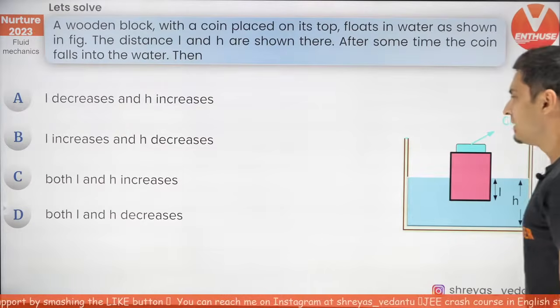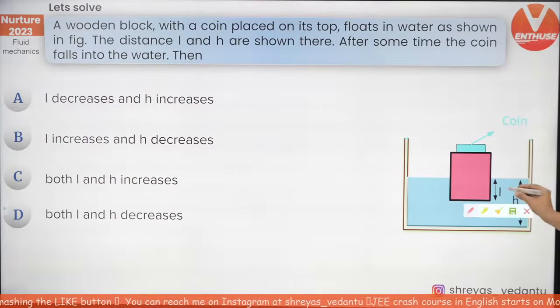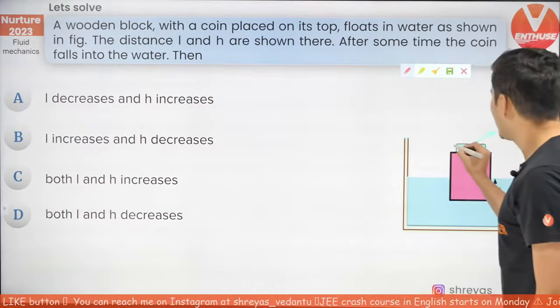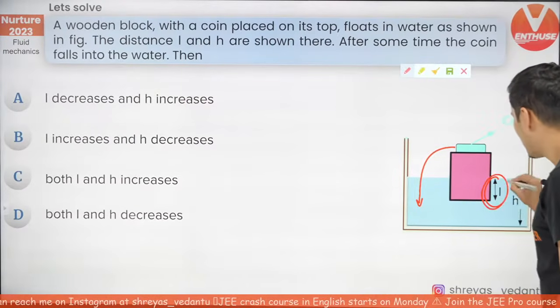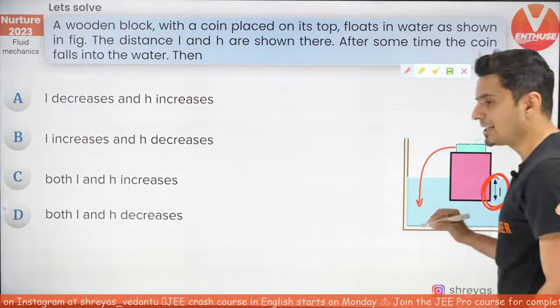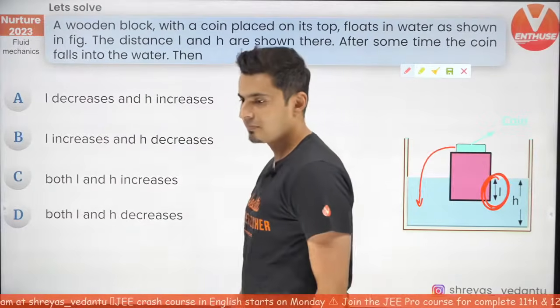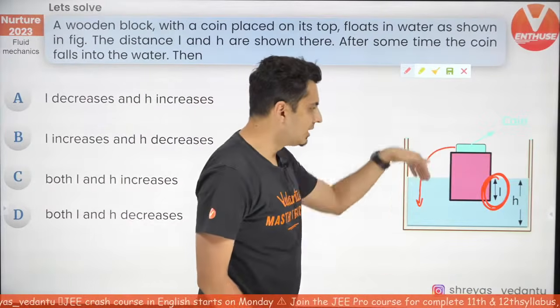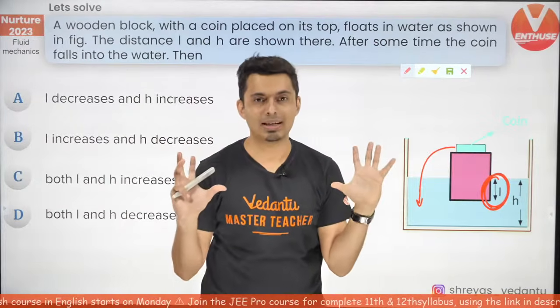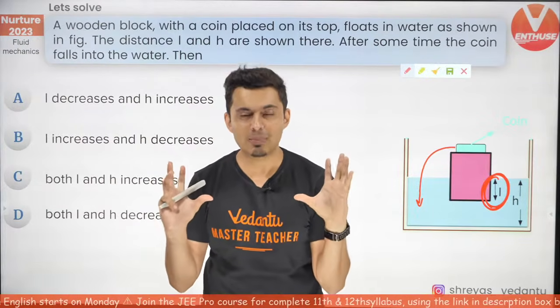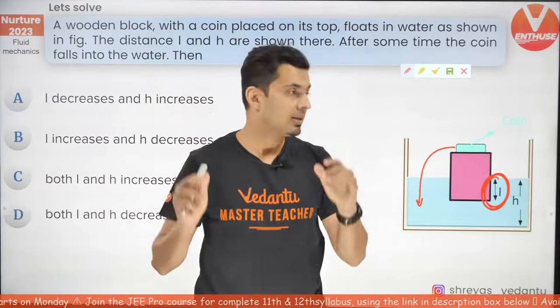One of them is very obvious. Guys, think this way. If this coin falls down, what will happen to this length? Come on, at least this you should be able to answer. If this coin falls down, the weight which is down will decrease. So what will happen to that wooden block? It will come up, right?